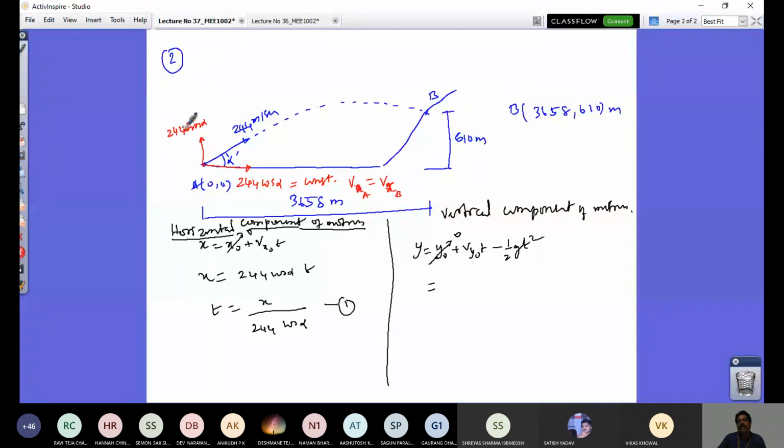That is 240 sine alpha into x by 244 cos alpha minus half into g into (x by 244 cos alpha) square.